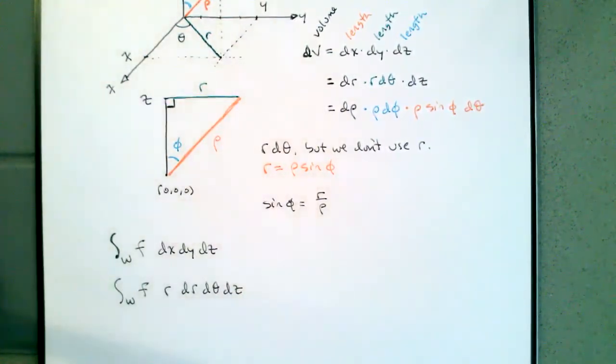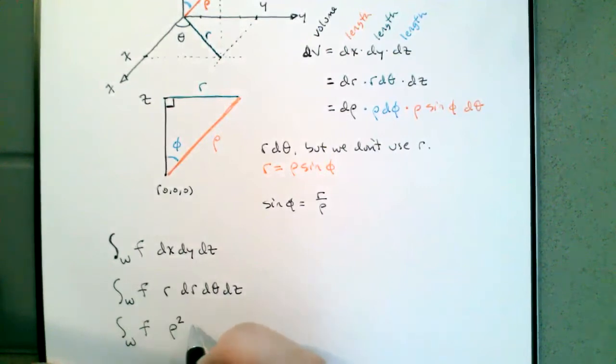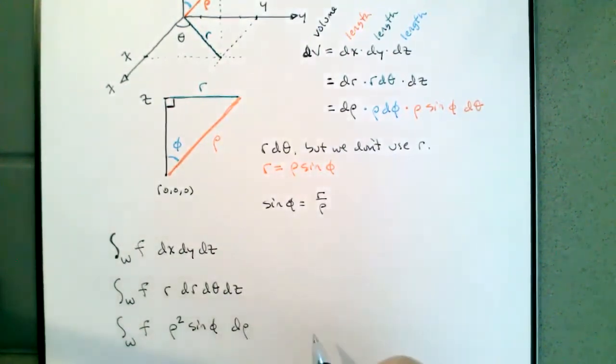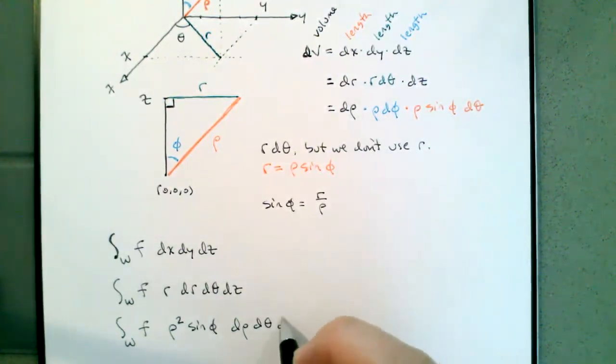That r goes with the d theta to make a length. Or in spherical coordinates, we'll need rho squared times the sine of phi. d rho is a length. We need rho sine phi to turn d theta into a length. And we just need another copy of rho to turn d phi into a length.